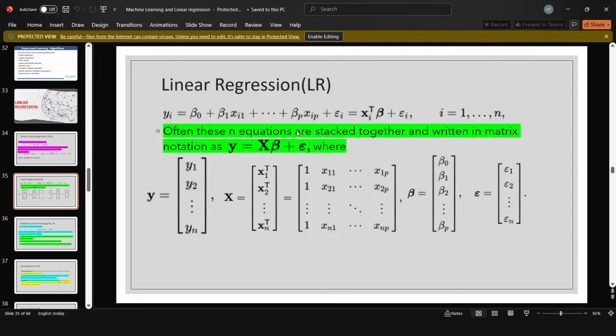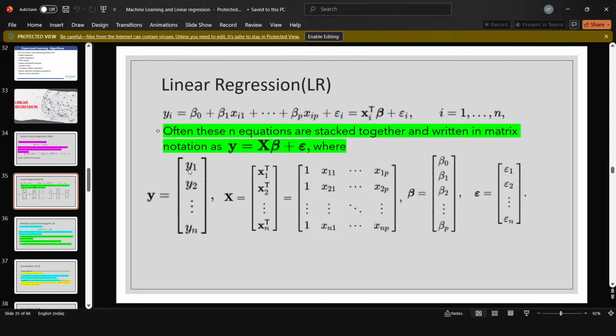This we can represent in terms of a matrix like this. Here y is equal to this matrix of all the y values. A data set comprises many rows and columns, right? The rows correspond to each entry, each data value. So y1 is dependent on many x variables. These x variables are basically features.